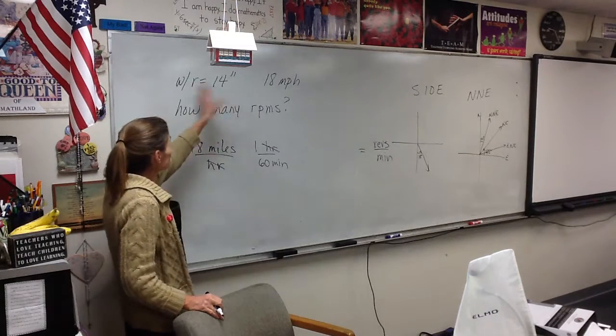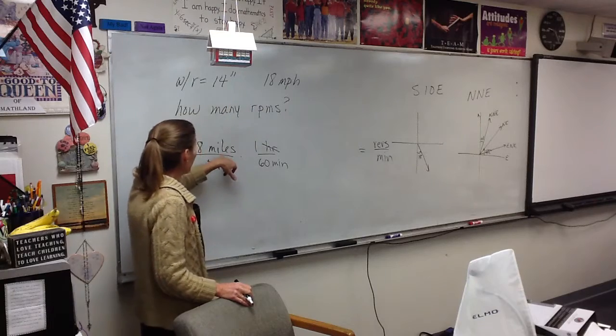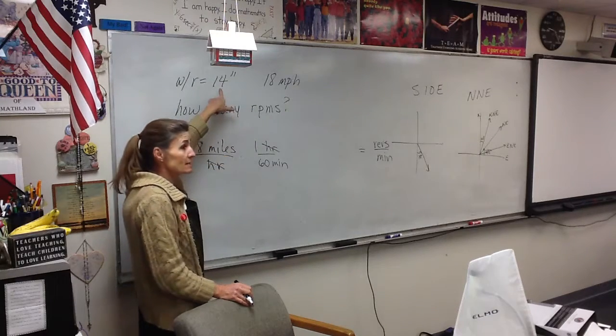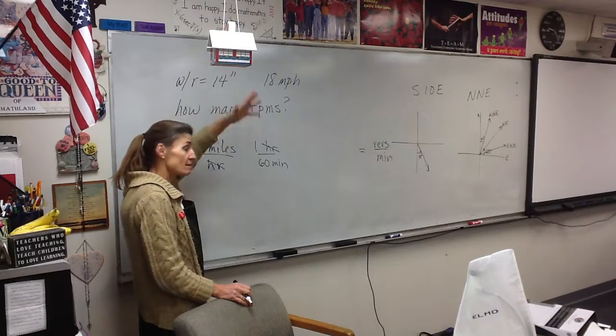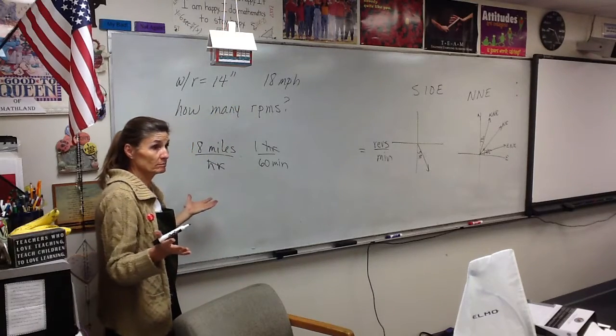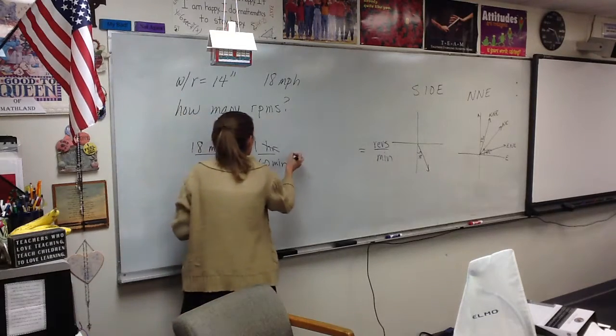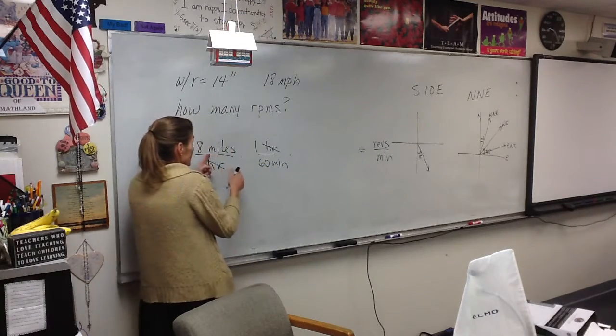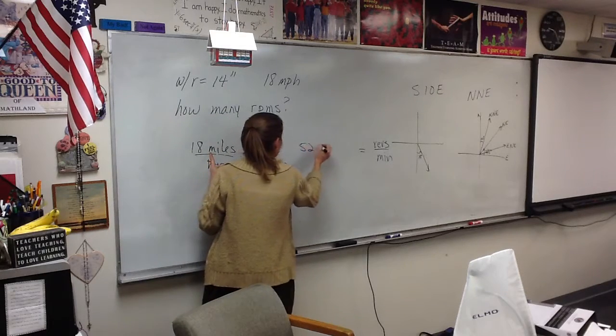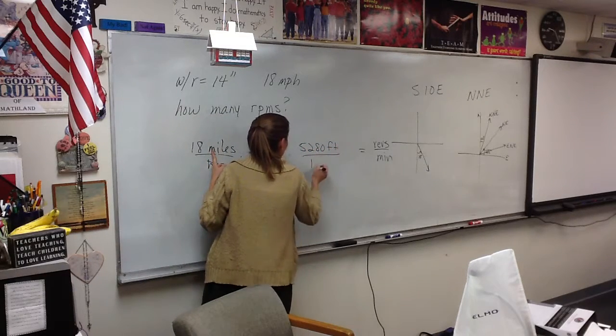Now, pay attention, this is miles, right? And my radius is in inches, so we might want to get something going that way. Does that make sense? So, what do we know about miles? Miles to feet is 5,280 feet are 1 mile.